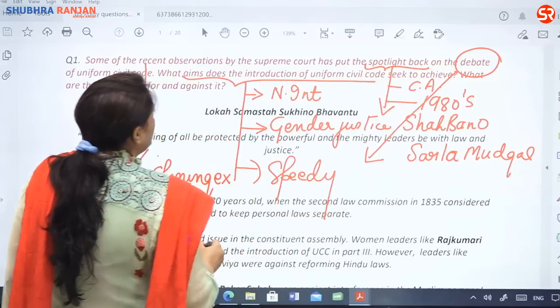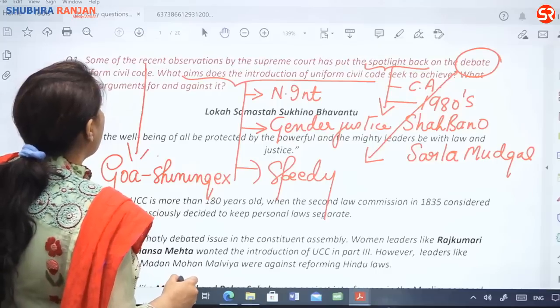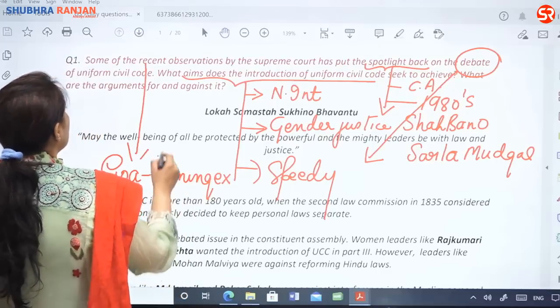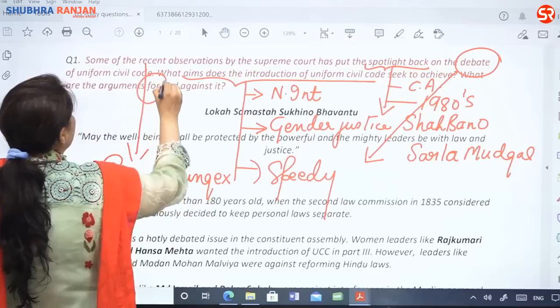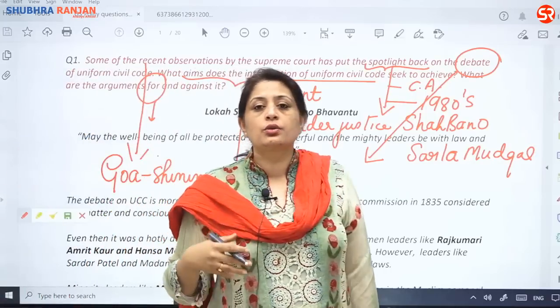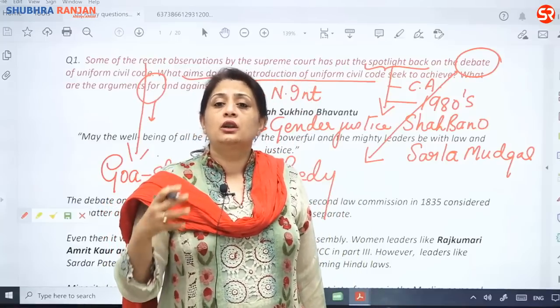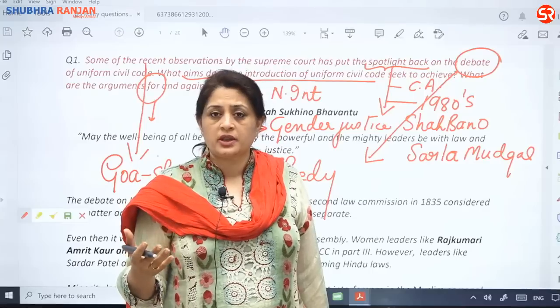Fine. And what are the arguments for and against it? The argument for it is that it is high time that India should go for a uniform civil code, because it is one of the constitutional promises.